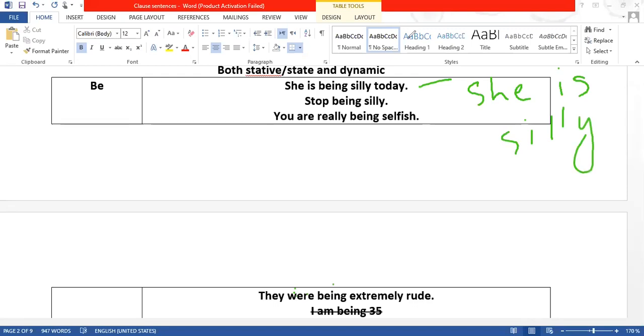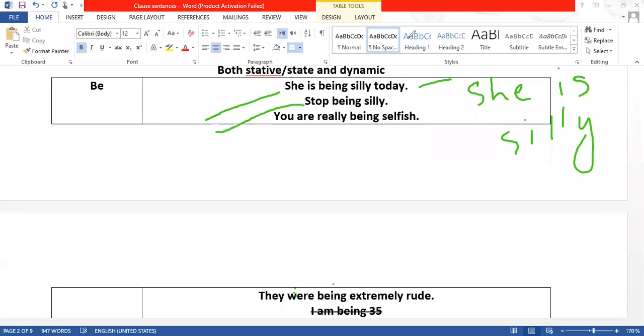But if I say she is being silly today, it means that she is not silly, but today she is acting as if she is silly, or she is behaving silly. So we say that she is being silly. So it has a different meaning. Or, for example, stop being silly.